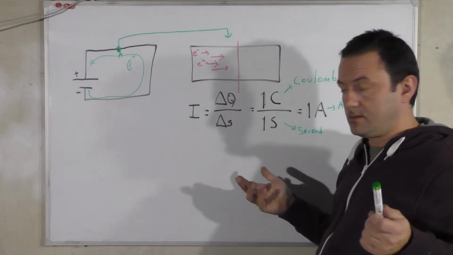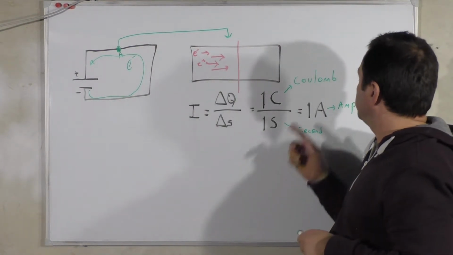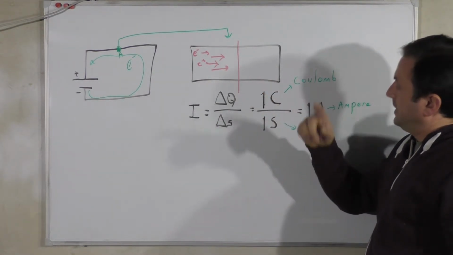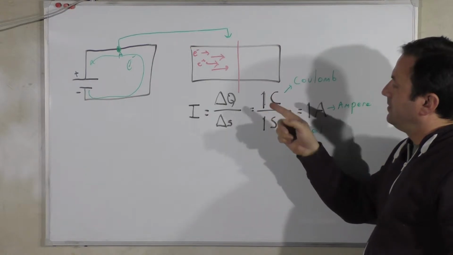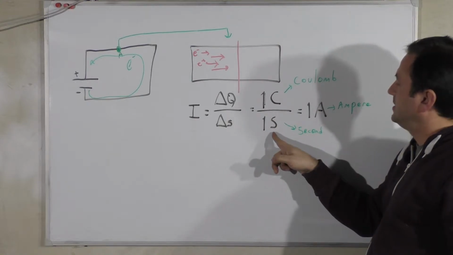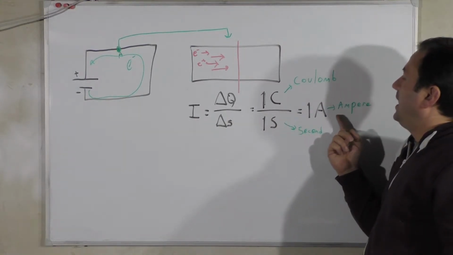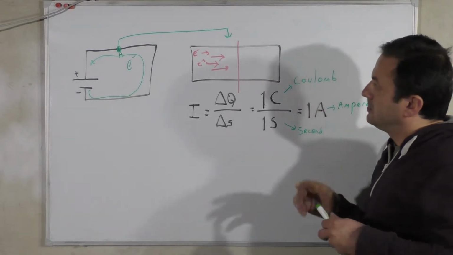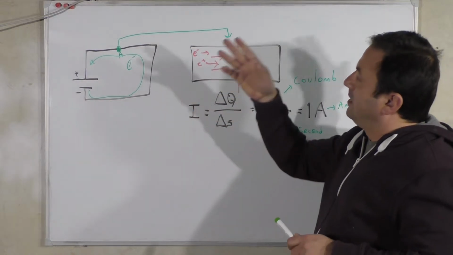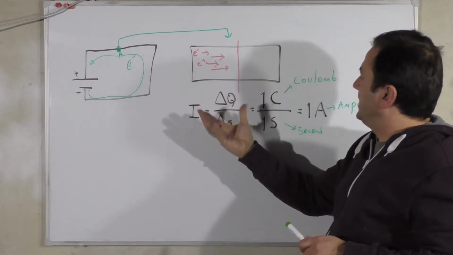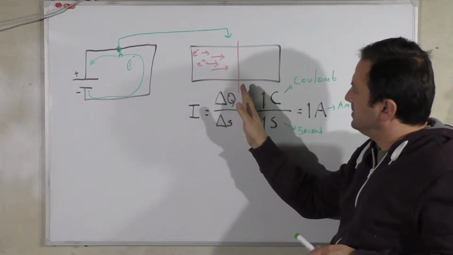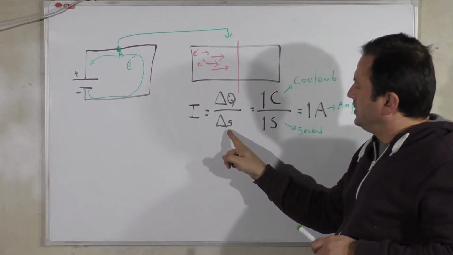In SI units it's the ampere. So if one coulomb passes in 1 second, it is called 1 ampere. Current in general is how many charged particles pass in a unit time.